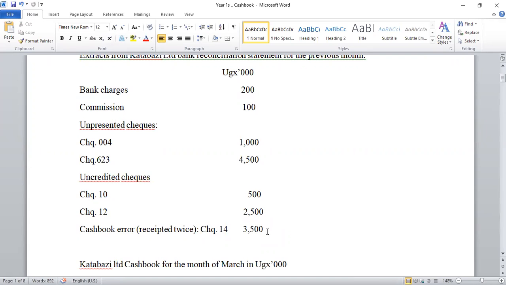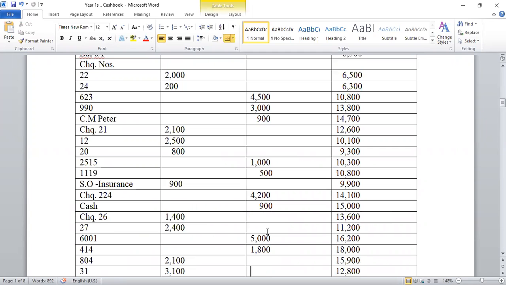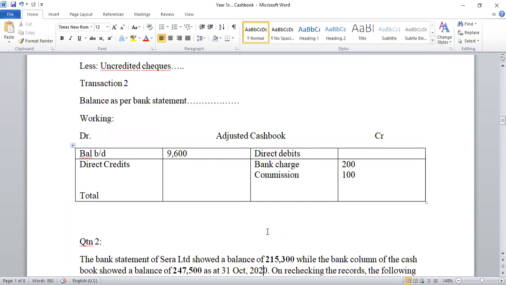What's the difference? It's 3,500 still, so on the credit side. That's what we're going to do. So come to your cash book and pass that error, which is 3,500. You can call it double posting or overcast, whatever you want to call it. The same thing.